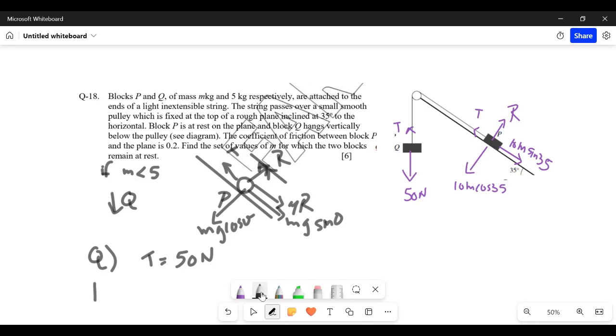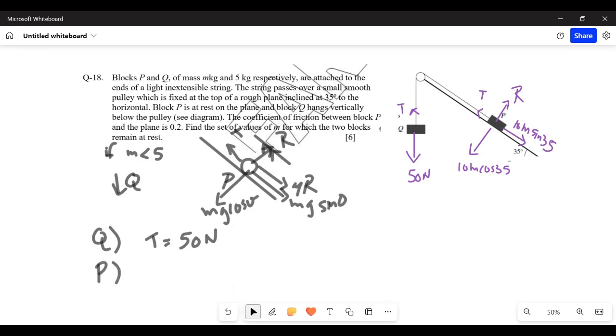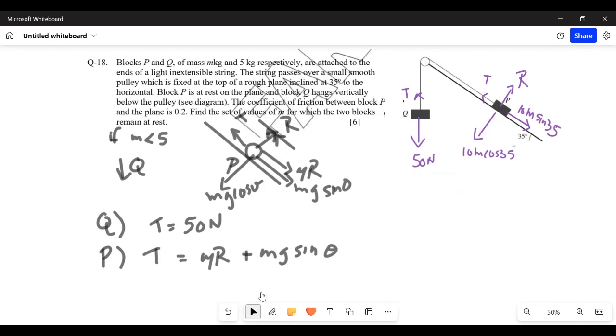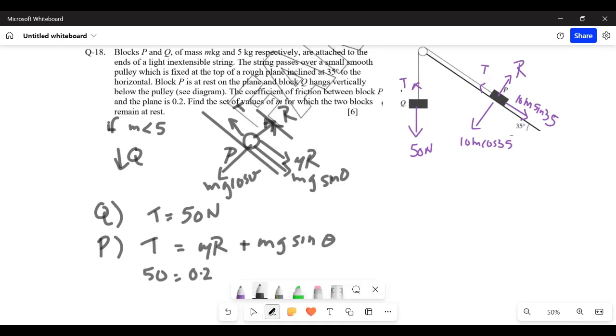And at P, if the object stays at rest, then the upward force T should be equal to μR plus mg sin θ. T we already know is 50. μ is 0.2. R is equal to mg cos θ. These two forces are in equilibrium, so they're equal. So m is m, g is 10, and cos 35.